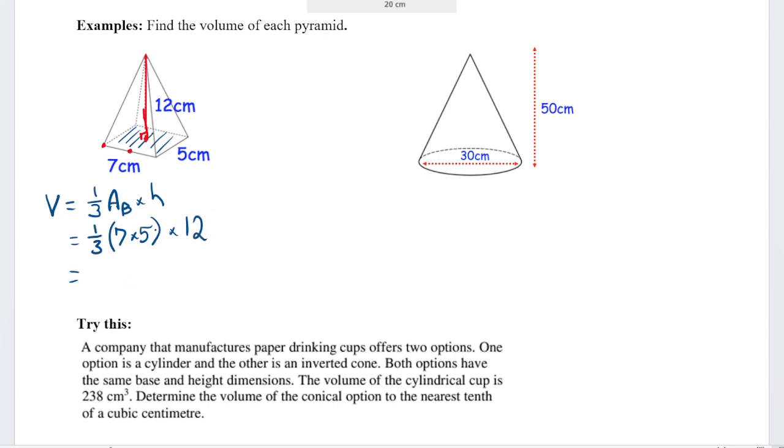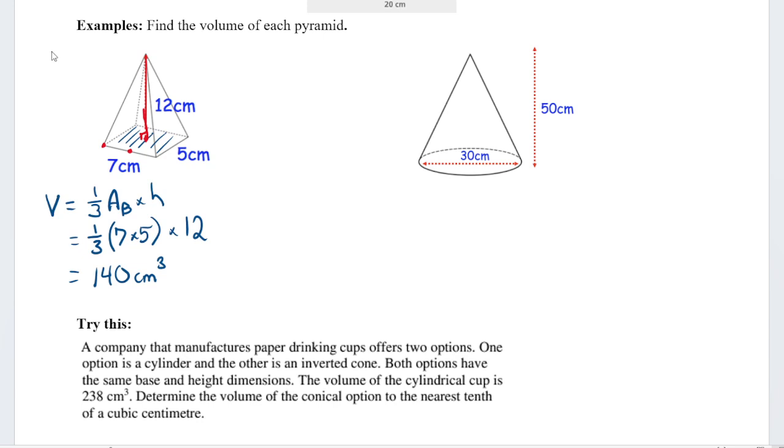What's that going to be? 35 times 4, 140 centimeters cubed. Let's double check that. 140. Perfect. Still on a roll.